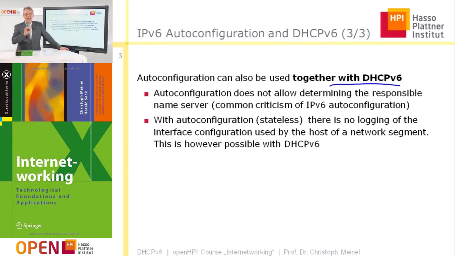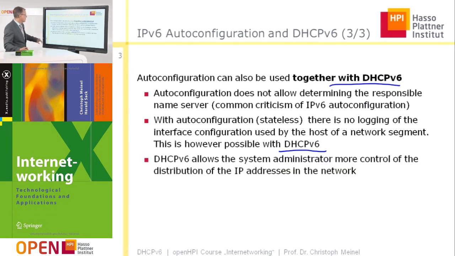So with the stateless auto-configuration, there is no logging of the interface configuration used by the hosts of a network segment. There is no instance which controls, records and archives these activities. And so for an administrator, it's very helpful to use this auto-configuration with more resources needed, but also more functionality, the DHCP protocol version 6.